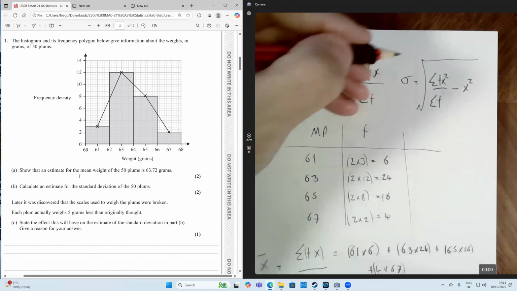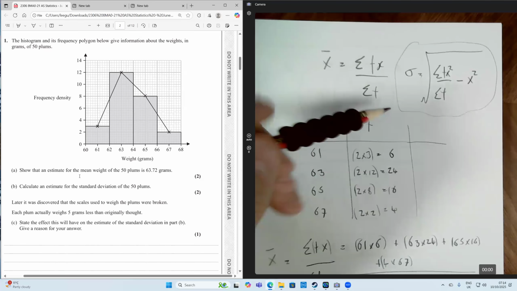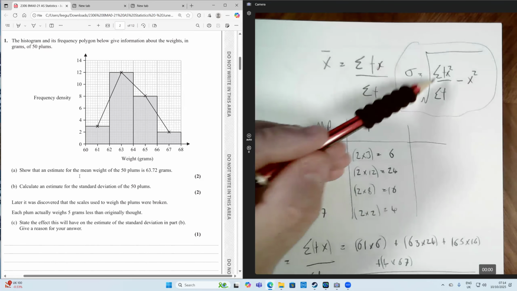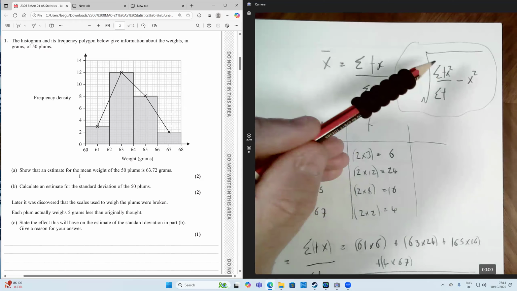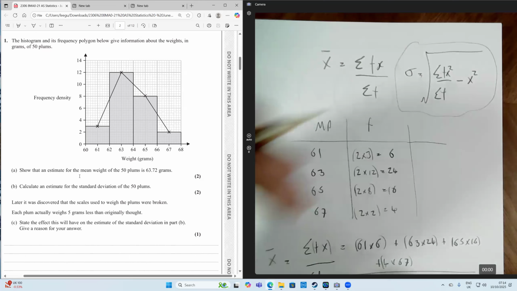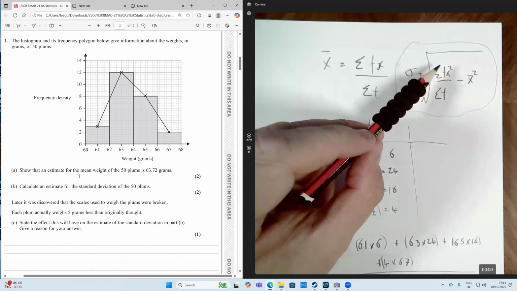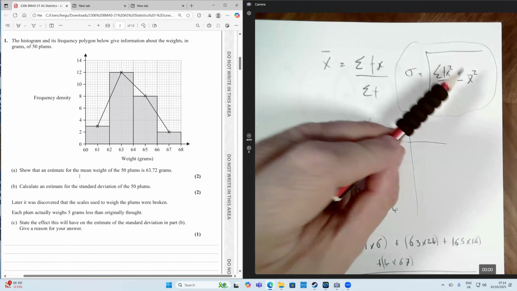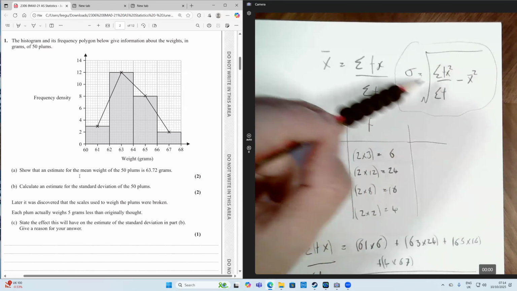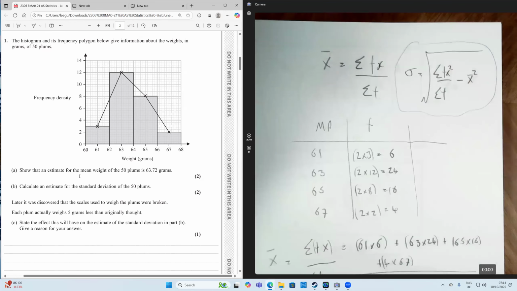You may hear teachers say sometimes that the standard deviation is the square root of the mean of the squares minus the square of the mean. So let me say that again. Standard deviation is the mean of the squares minus the square of the mean, square rooted.